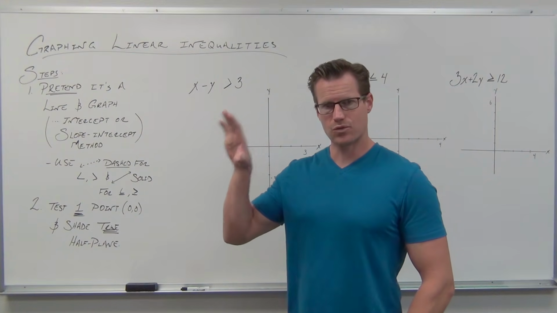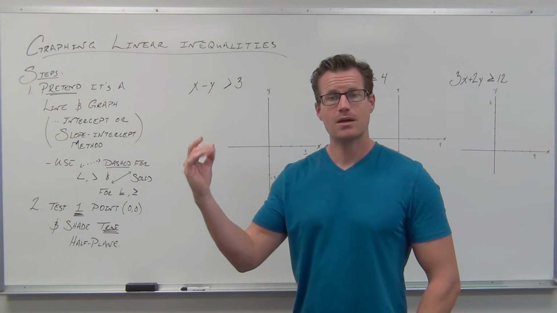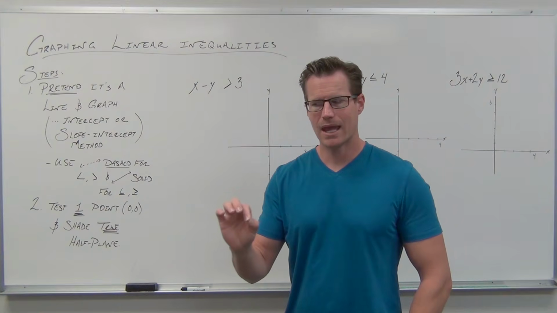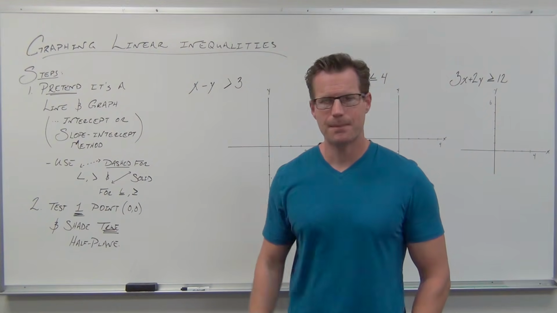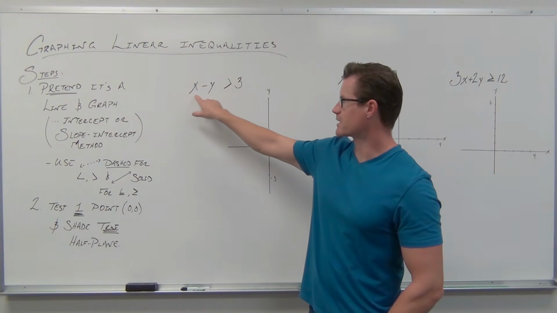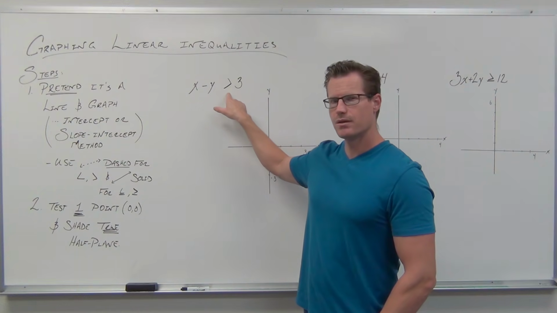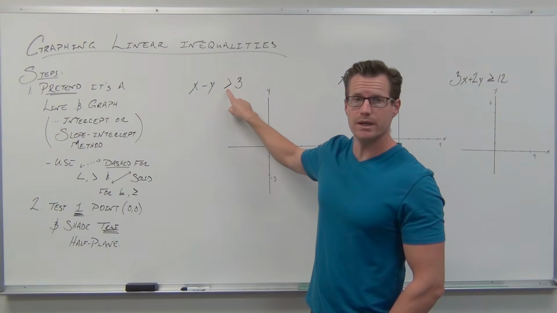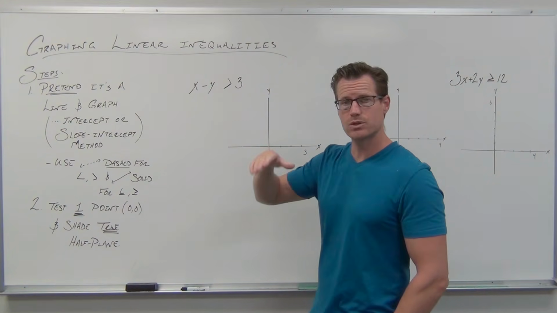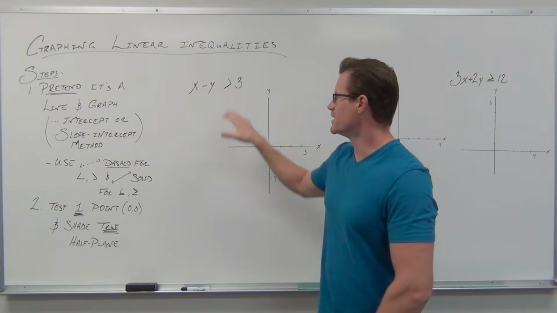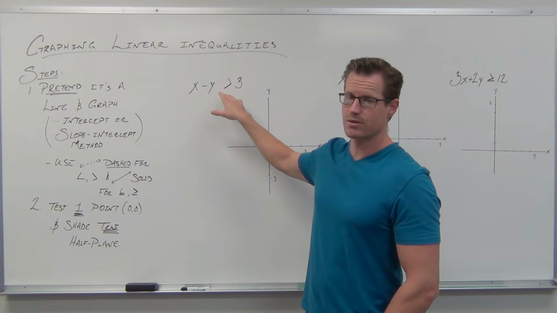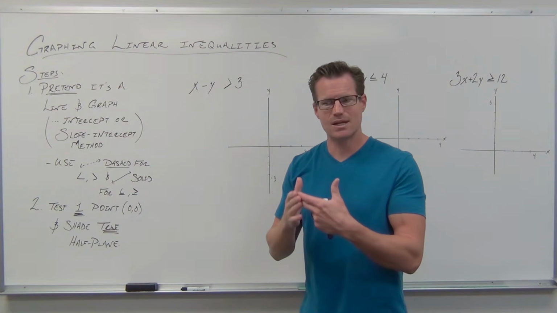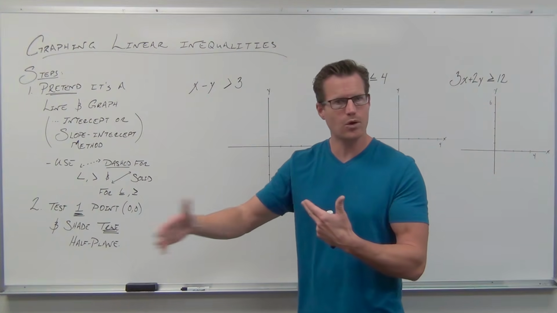When you have a greater than or a less than, the line itself can't be part of the solution set. Think about that. If this is based on a line, x minus y equals 3, the points that actually do equal 3 are excluded from greater than. With greater than or equal to, yes, you would include that line, but not if it's a strict inequality like greater than or less than. It's saying the points that are actually on the line are no longer solutions.